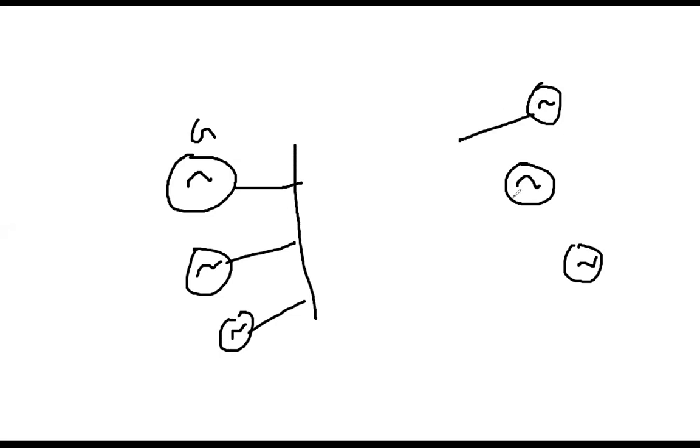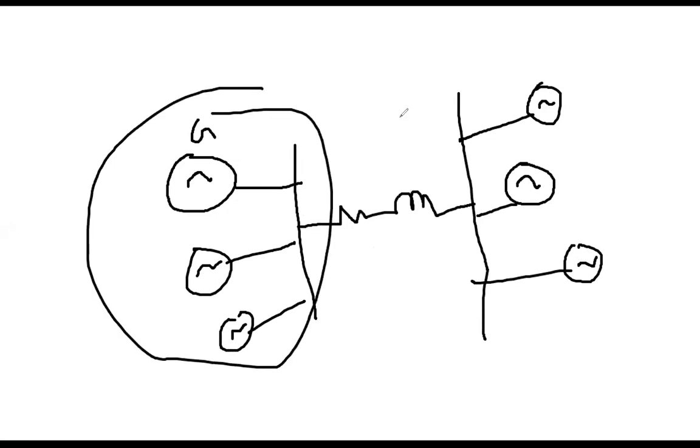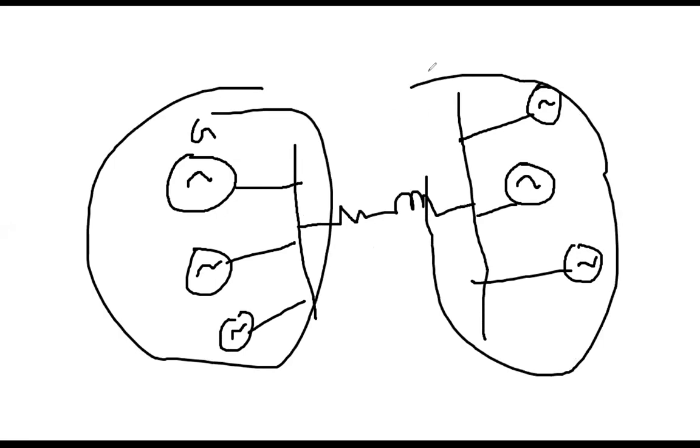And then all of these are connected in parallel, and all are interrelated through some lines. This is one area, and this side is another area. For example, the system is running fine in both area 1 and area 2.